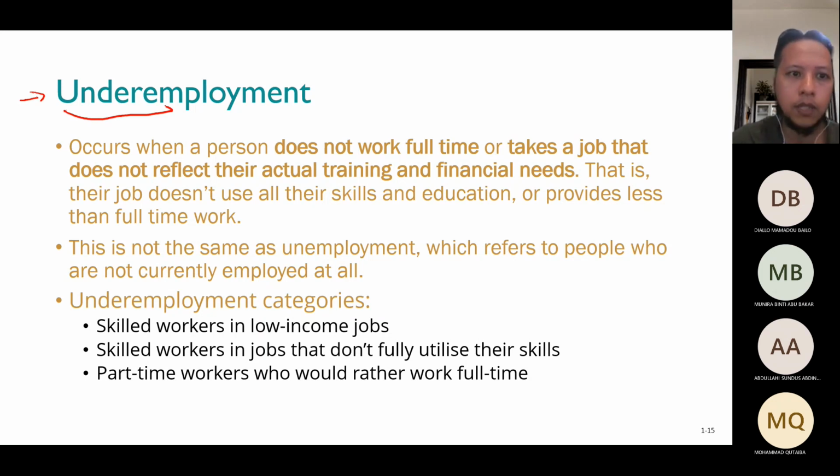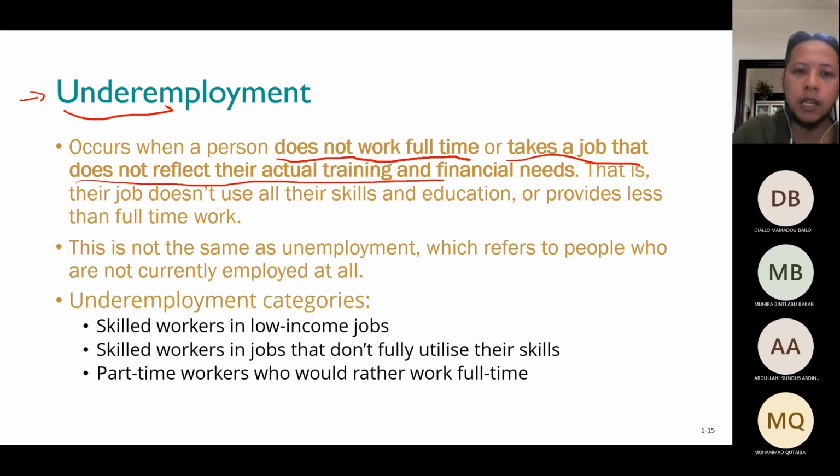The definition is: underemployment occurs when a person does not work full time or takes jobs that do not reflect their actual training and financial needs. That is, their job doesn't use all their skills and education or provides less than full-time work. For example, a master's student that graduated from IIBF becomes a Grab driver.